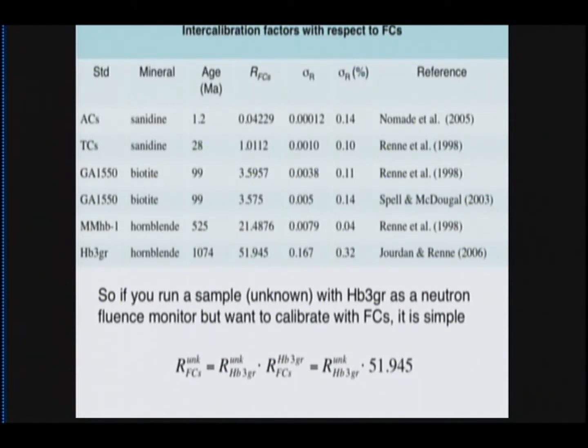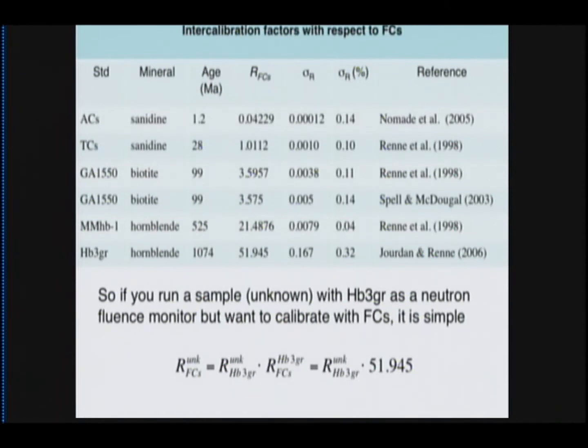So if we want to, for example, run a sample using HB3GR as the standard, because it's a fairly old sample and you want to use a fairly old standard for the reasons I mentioned earlier, but you want to somehow relate that to the Fish Canyon Sanidine, which is extremely well calibrated, you can use the fact that the R value of the unknown relative to that of Fish Canyon is simply equal to the R value of the unknown relative to the HB3GR standard.